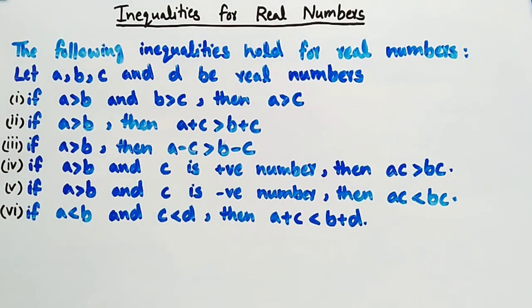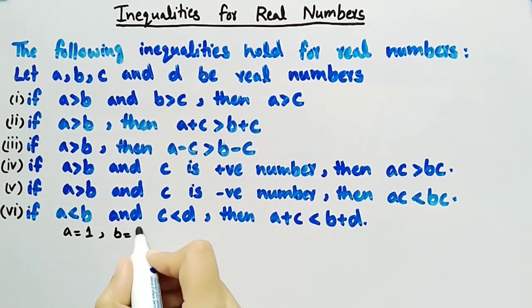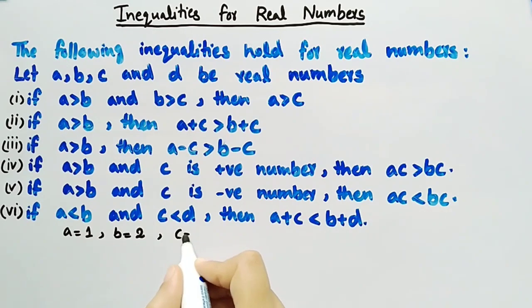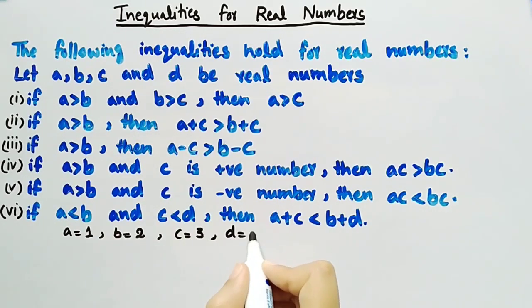The sixth inequality is, if A is less than B and C is less than D, then A plus C is less than B plus D. For a particular case, consider A equal to 1, B equal to 2, C equal to 3 and D equal to 4.